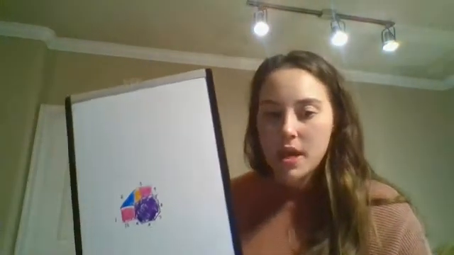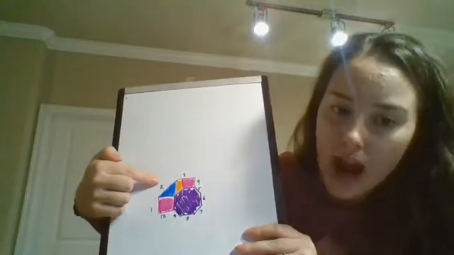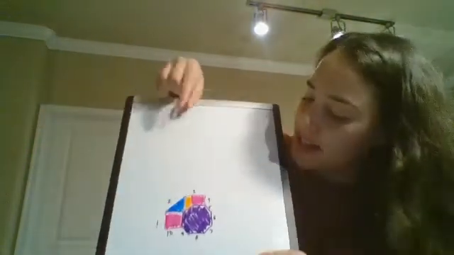For example, I'm going to erase my board, so I'm going to pause the video real quick. All right, this is what your assignment is going to be. I took a bunch of different shapes. Here I have a triangle that has 3 sides.